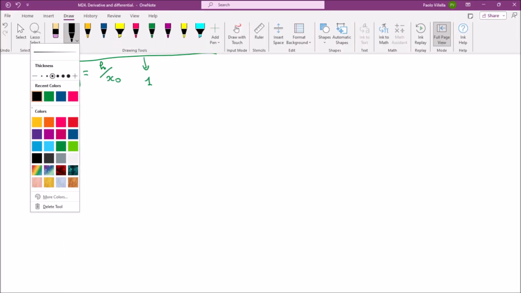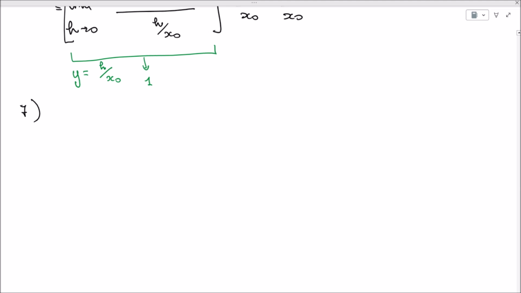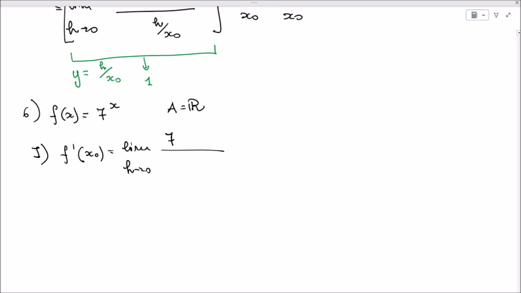Function 7, no, sorry, this is function 6. F of x equal to 7 to the x. First approach. F prime, of course, is defined over the entire real line. F prime in x naught is the limit as h goes to 0 of 7 to the x naught plus h minus 7 to the x naught, divided by h.